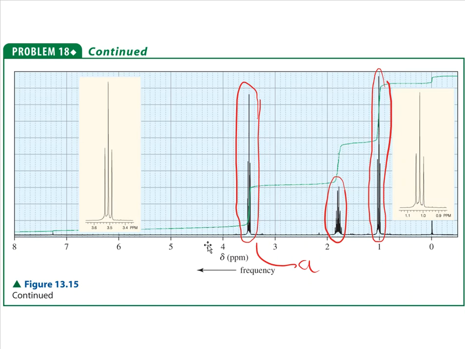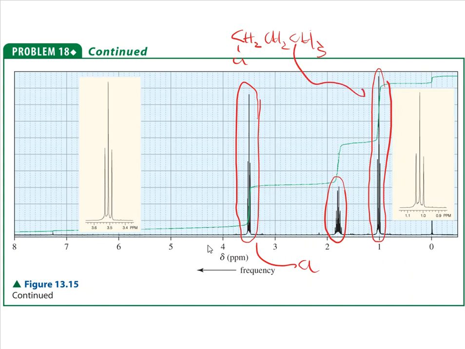All right? So what that means is that for this particular problem, this second spectrum that I'm looking at right now on the screen, that second spectrum is probably the CH2 with the chlorine, CH2, CH3. 3 signals. I see 3 major signals in the NMR. The one that's furthest away from that chlorine will be the most shielded, the most protected from the magnetic field. So it's not going to take a lot to get those to flip.